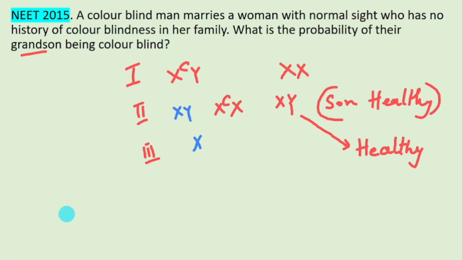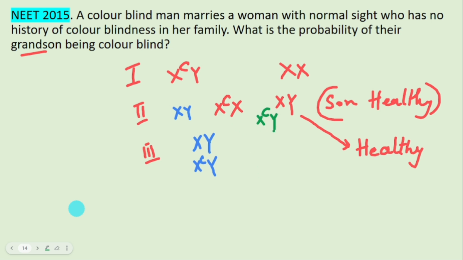So I will only pick the Y chromosome. This Y can combine with the unaffected X chromosome. It can also combine with the affected chromosome. So there is a 50% chance that the grandson is affected. Another scenario will be if this woman marries a colorblind man. I will show that in green.